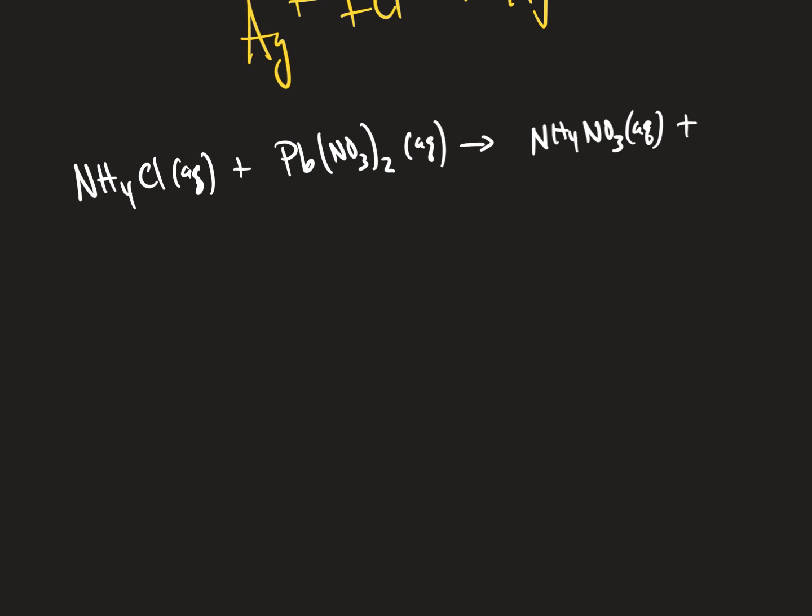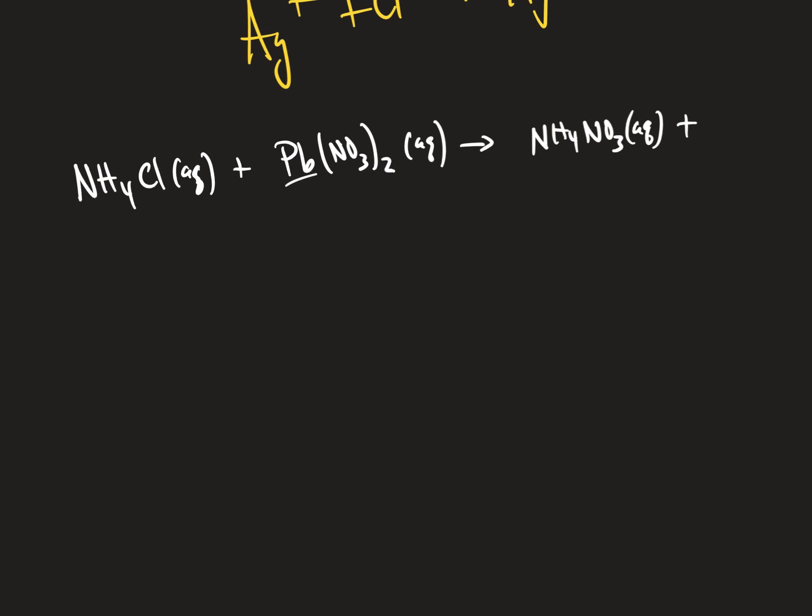Because lead is a 2+ ion. We cross charges. But are we with lead anymore? No, we're with ammonium. That means we're going to have to do what when we're done? Balance it. Right? Do you get that? Good question.